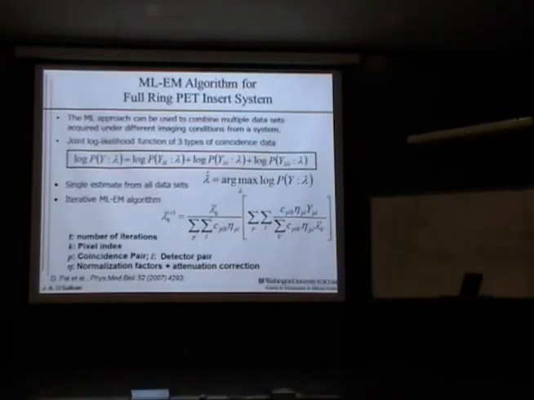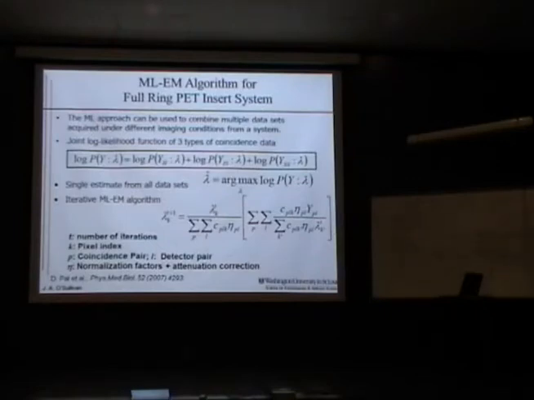And then they developed an iterative method. Remember, I showed you a basic form of an iterative EM method. This is a full-fledged method for this particular application that gives you an estimate of the underlying human anatomy, all right?